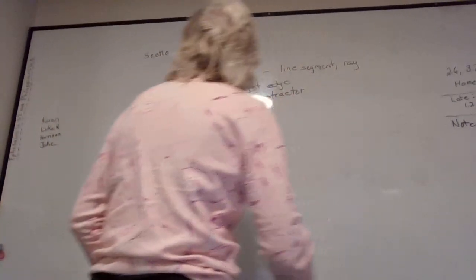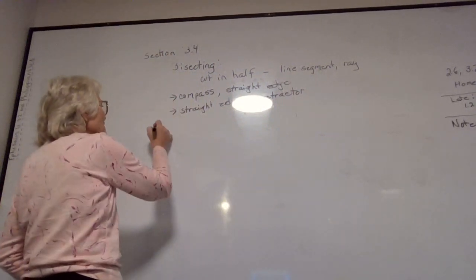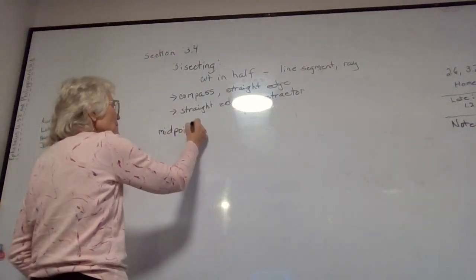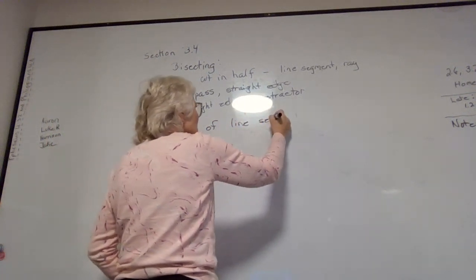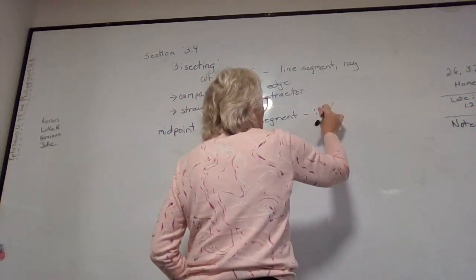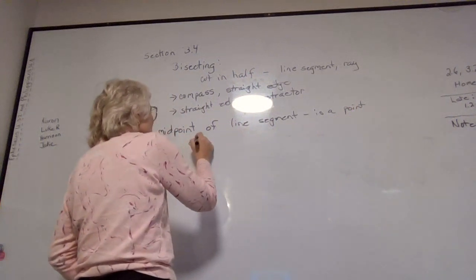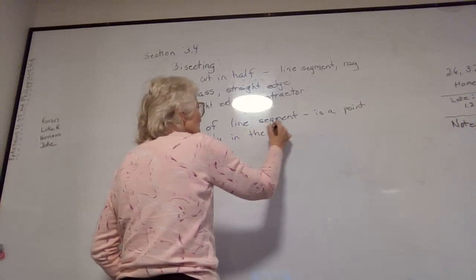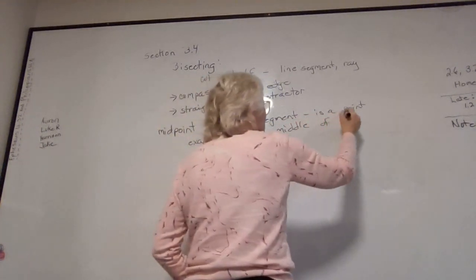When we cut a line segment in half, we get what's called a midpoint. The midpoint of a line segment is a point exactly in the middle of the two endpoints.